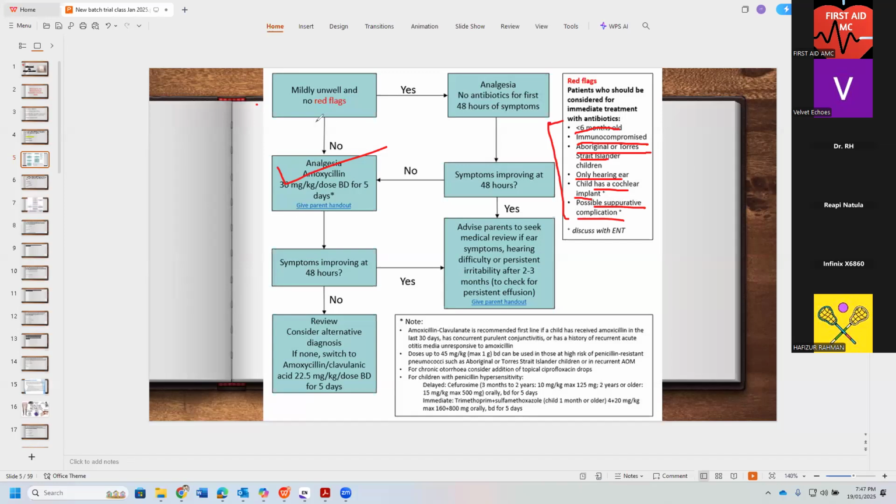If we are sending the parent home, you need to give them a handout as well. There was no red flag in our question, so we would just give analgesia and no antibiotic for the first 48 hours.